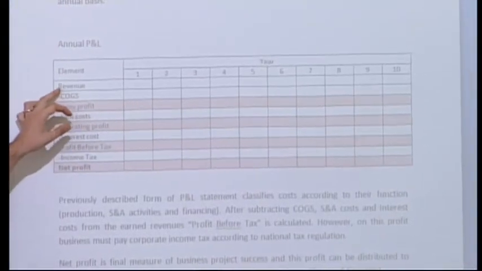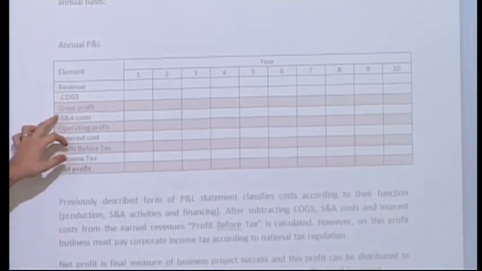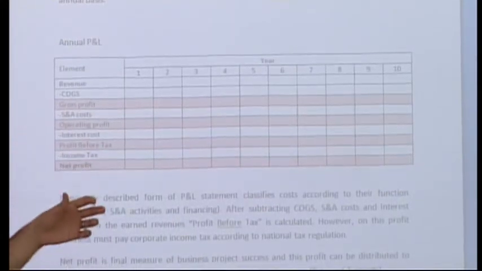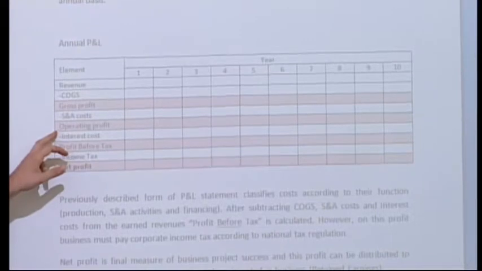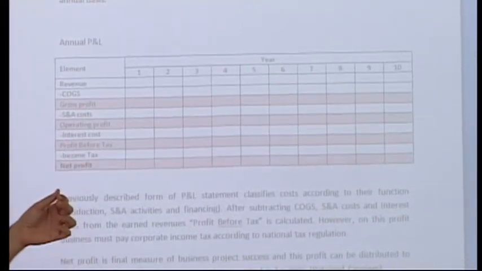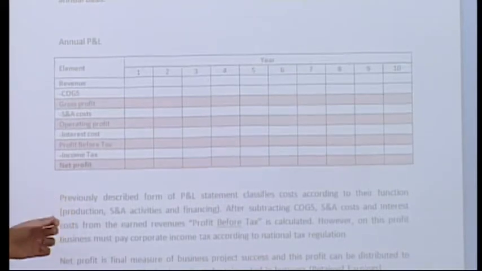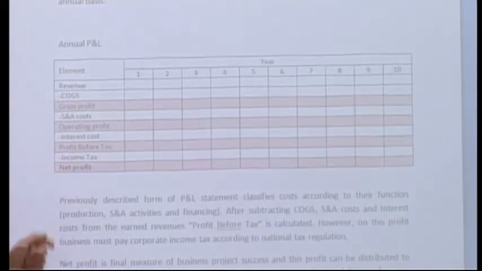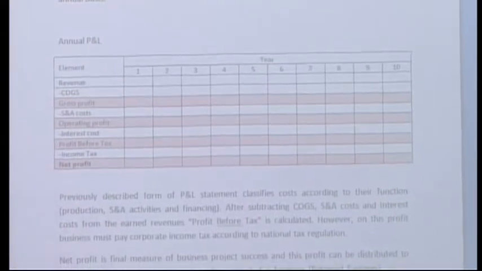The difference between revenues and COGS is gross profit. The difference between gross profit and selling and administrative costs is operating profit, minus interest costs if you take a credit for your startup, for your business. You have profit before tax, minus income tax, and you have net profit.